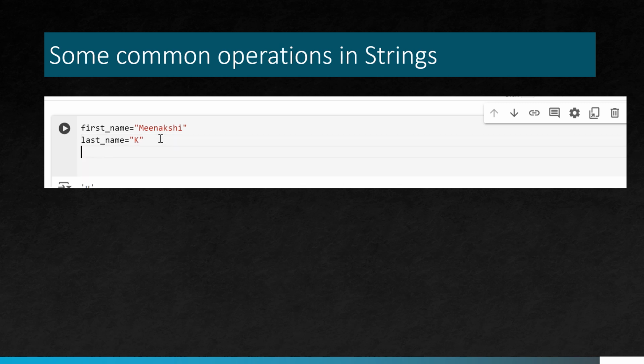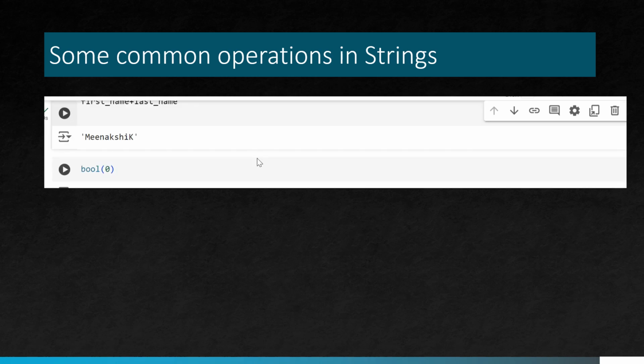Now I am going to do a concatenation operation. That means I am going to add these two strings. First underscore name plus last underscore name. I'll get Meenakshi K as the output, but there is no space here.